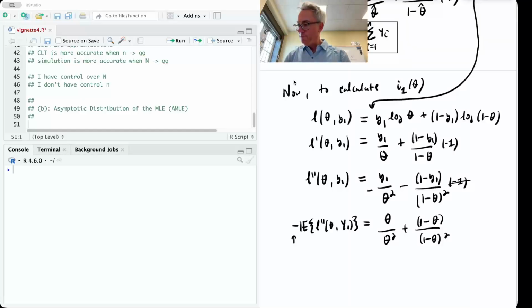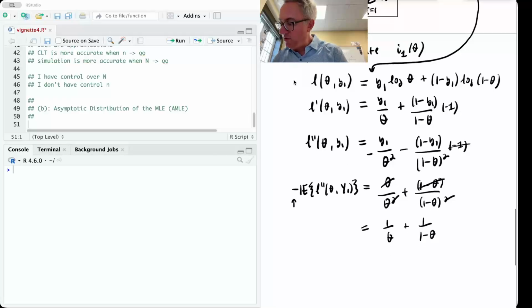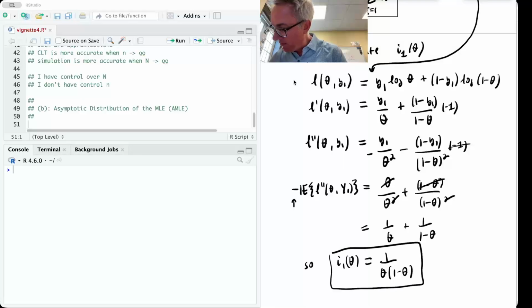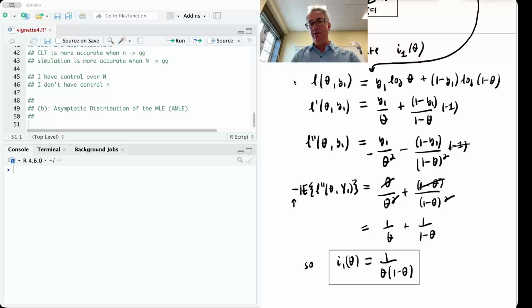Oops. And I get some cancellation. So I get 1 over theta plus 1 over 1 minus theta. So combining terms, I1 of theta equals 1 over theta times 1 minus theta. So there is the result.